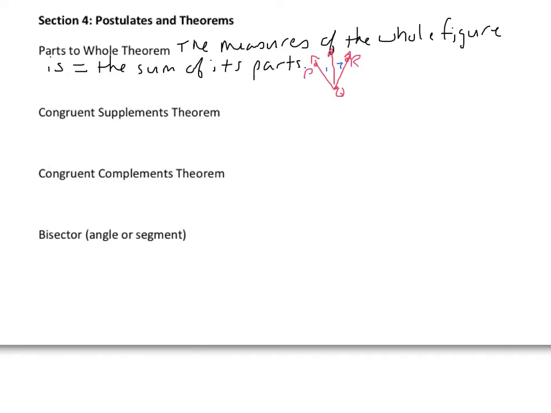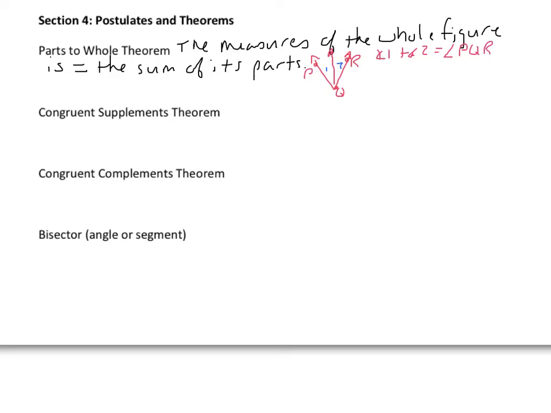We can say that angle 1 plus angle 2 is equal to angle PQR. So the two smaller parts add up to the larger part.